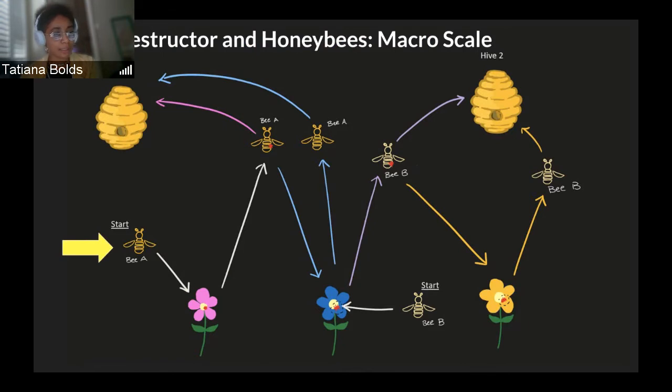A bee from a second hive, start B here, could follow the white path and grab that mite and take it back to its hive, and this cycle can continue between multiple hives.